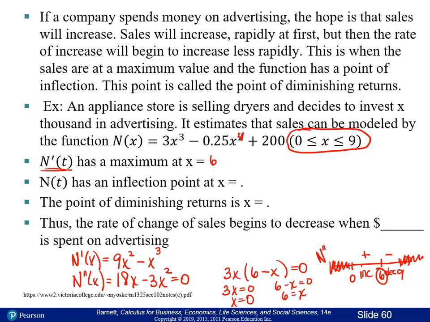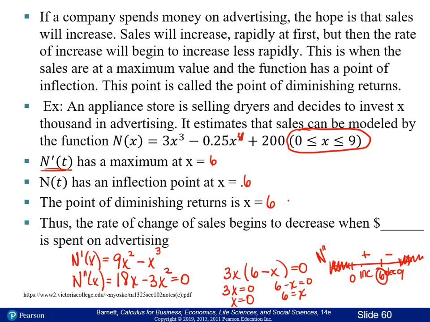So in other words, when the rate of change of sales reaches its maximum, the original function has an inflection point at that point. So at x equals 6 is the inflection point, and the point of diminishing returns is x equals 6.